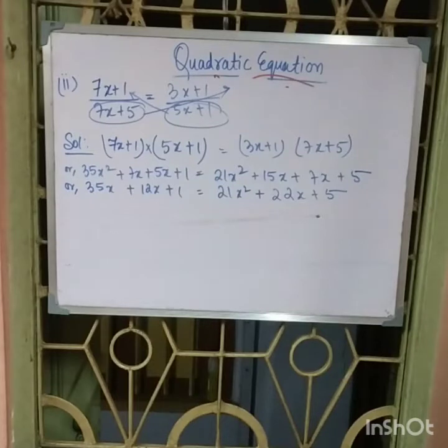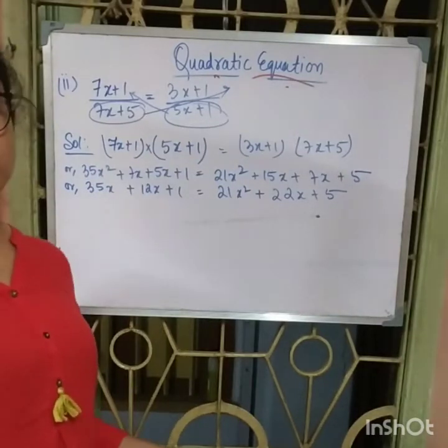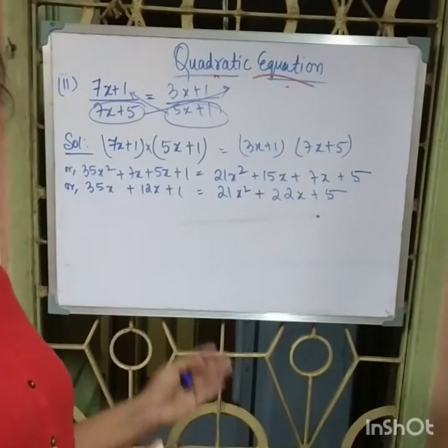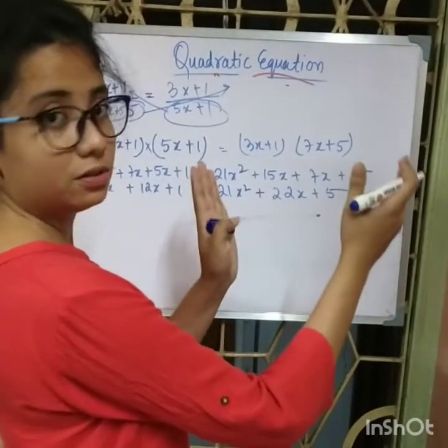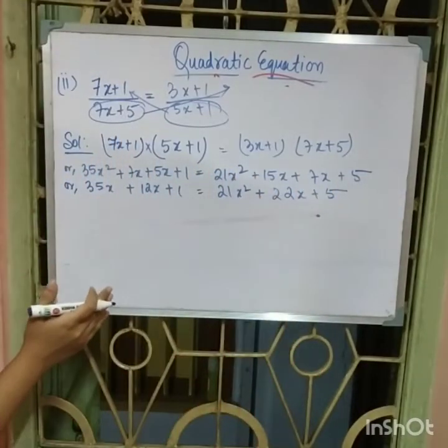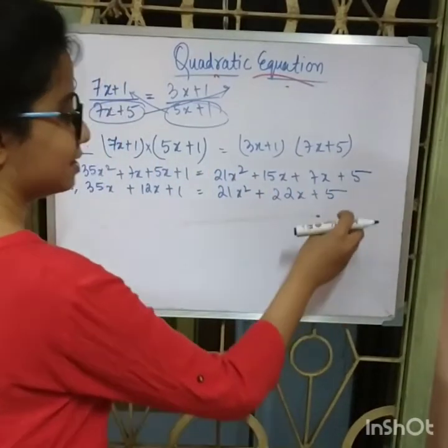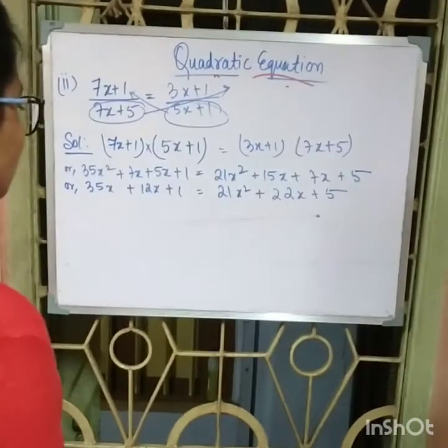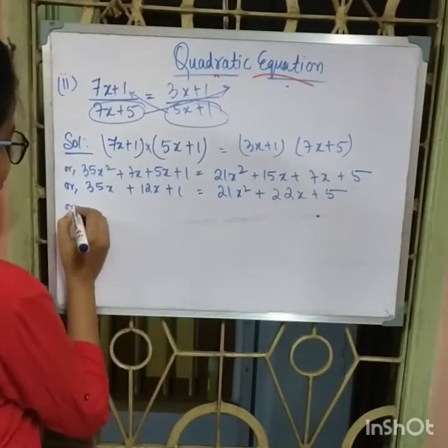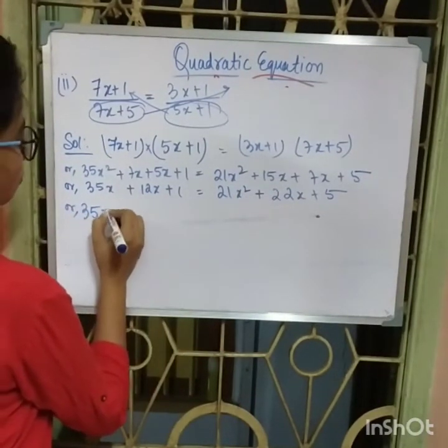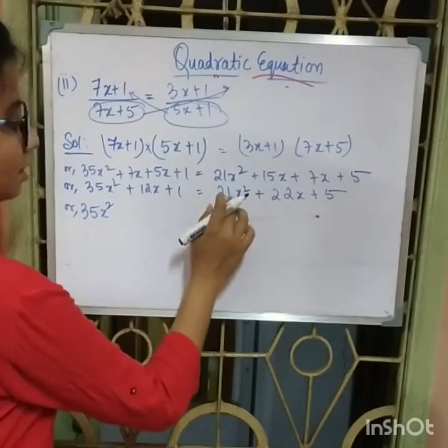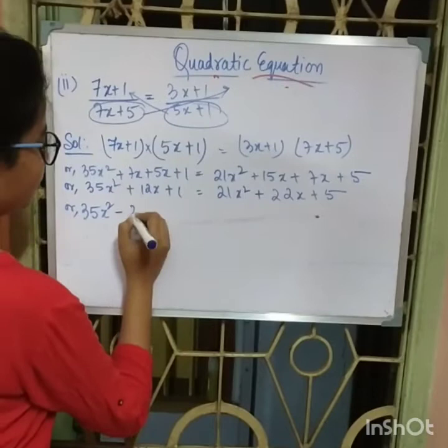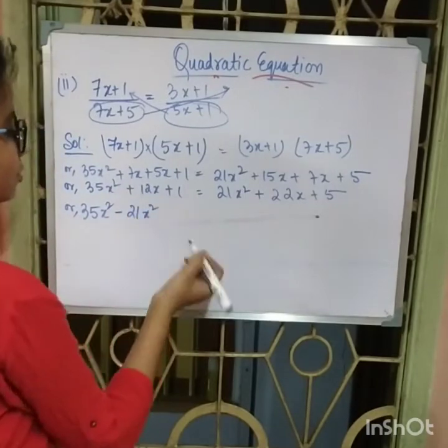Okay, then what do we do to solve a quadratic equation? We always have to bring a 0 on the right hand side. So we take all the terms to the left hand side, so the only thing left on the right hand side is 0. So it's 35x square; when it comes to left, it becomes minus 21x square.